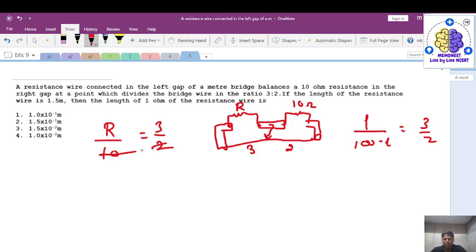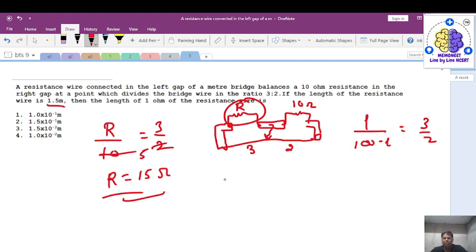So R is equal to 15 ohm, right? So the unknown resistance is 15 ohm, and this unknown resistance, they say, is for length 1.5 meter.